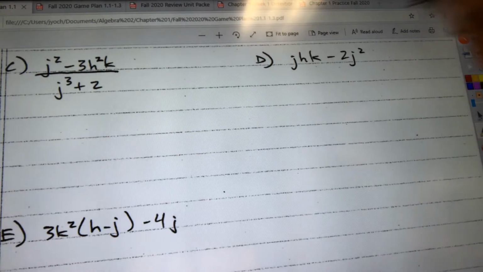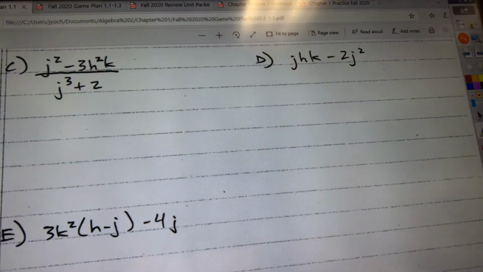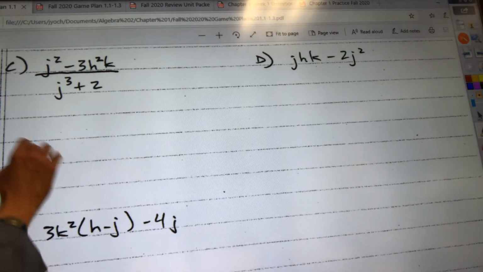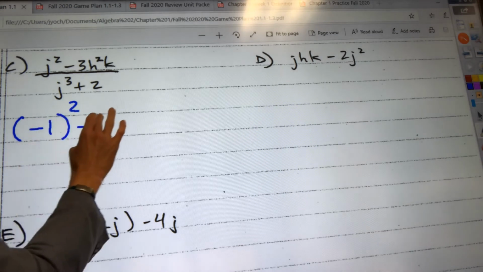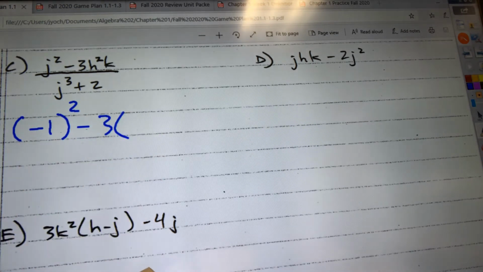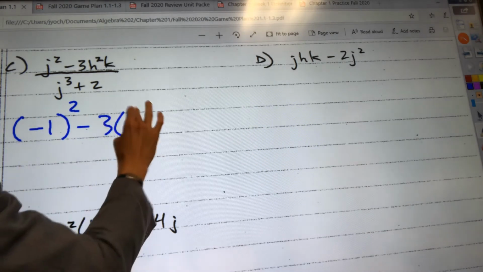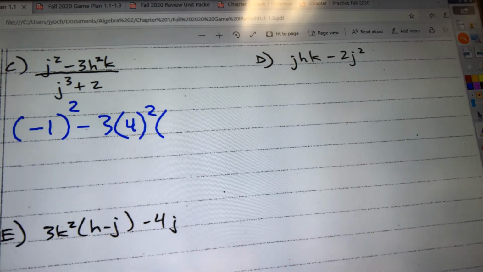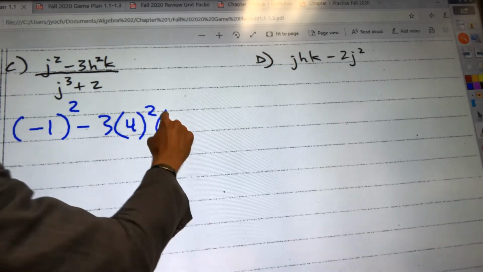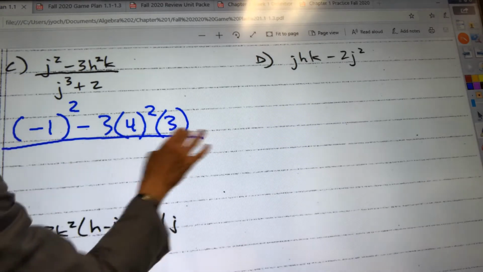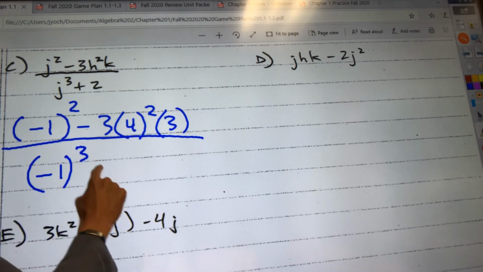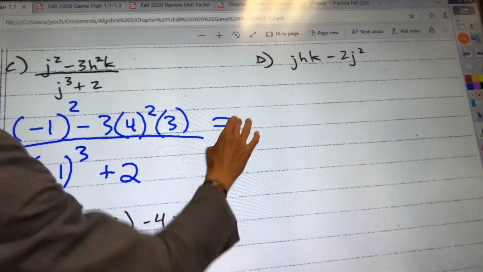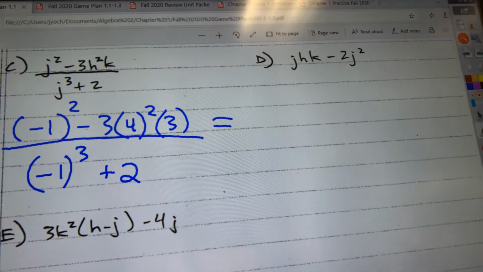Okay, I'm going to do C and D with you. J squared. And what's J? -1 minus 3 times H, which is 4 squared, times K, which is 3, all over J, which is a -1 to the 3rd power, plus 2. Handle that numerator as its own problem, the denominator as its own problem too.